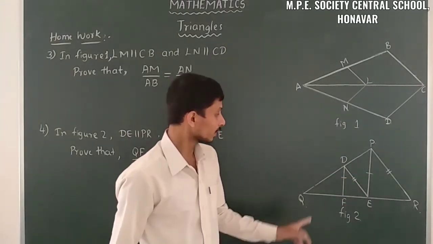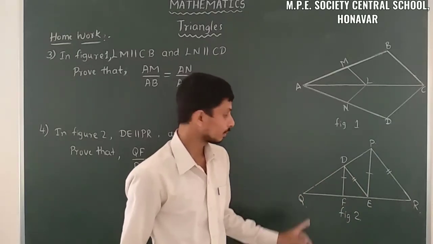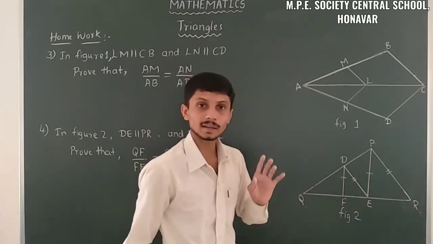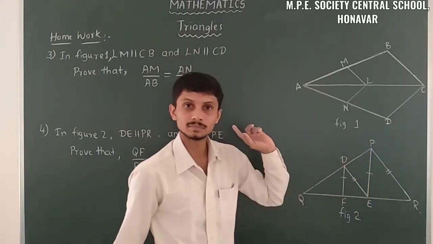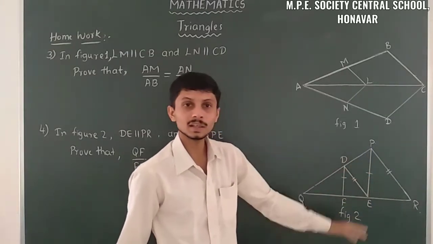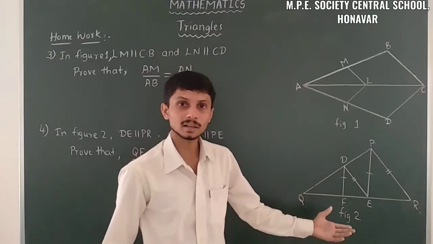So when we consider triangle QPE, we can use DF is parallel to PE, use theorem 6.1, and then write the condition.